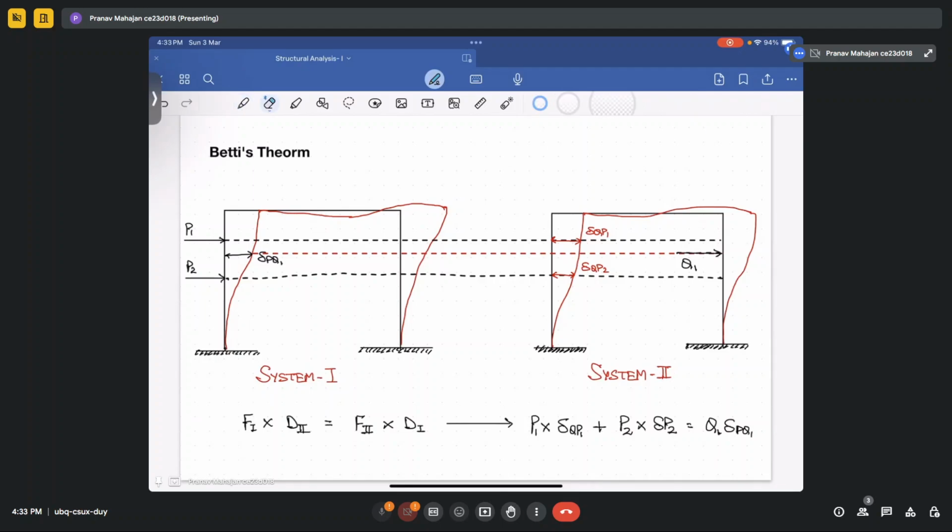So this is what Betty's law says. And the same concept is applied in the Muller-Breslau principle also.